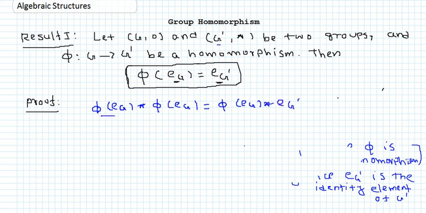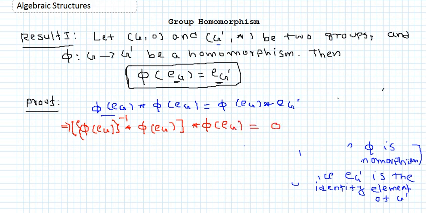Now we take the inverse of these elements on both sides: phi of EG whole inverse composed with phi of EG star phi of EG equals phi of EG whole inverse composed with phi of EG star EG dash.